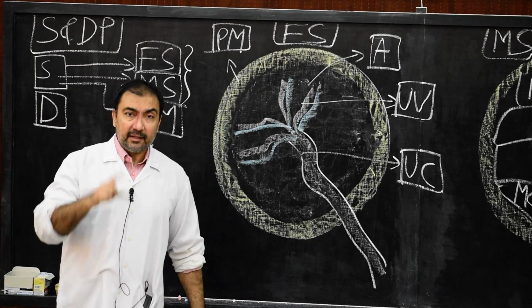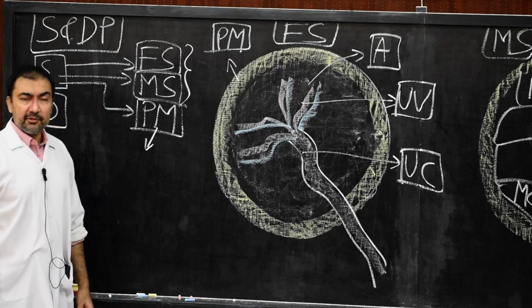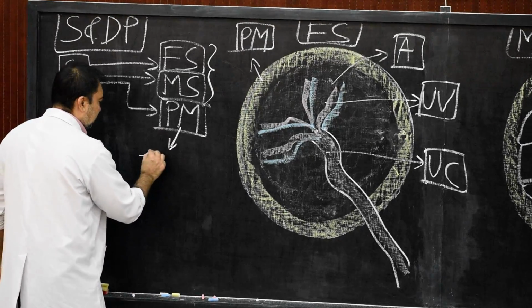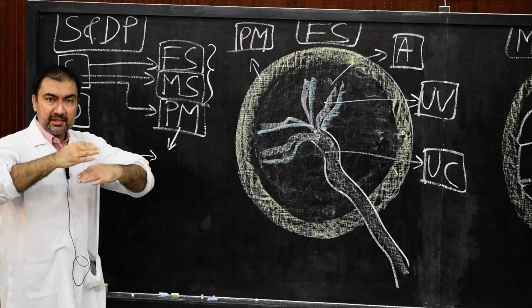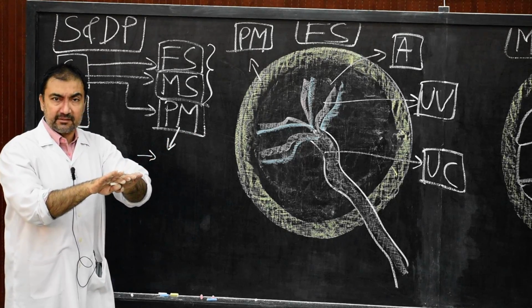What does it contain? It contains the following layers. So the peripheral margin, which is continuous with the fetal membrane or fetal surface, will contain these layers, which are joined with each other to form it.